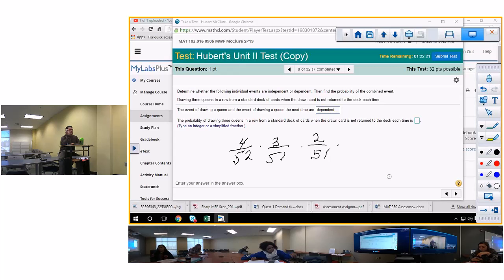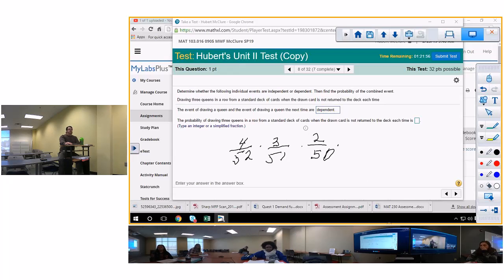The last queen would be 0 over what? 49 or 50? You can't do it. That 0 would cancel all the probabilities out. Oh, sorry, 50. It's 50. Yep. Okay.